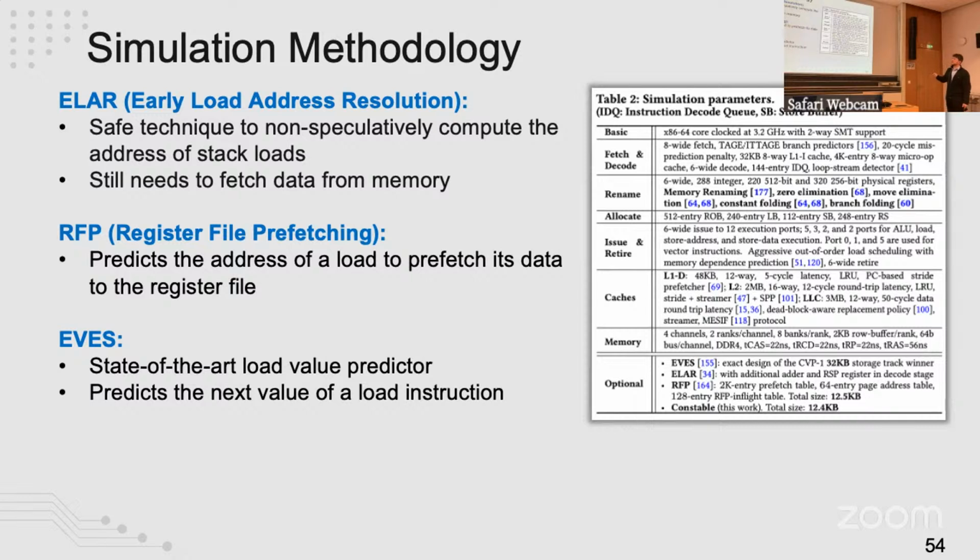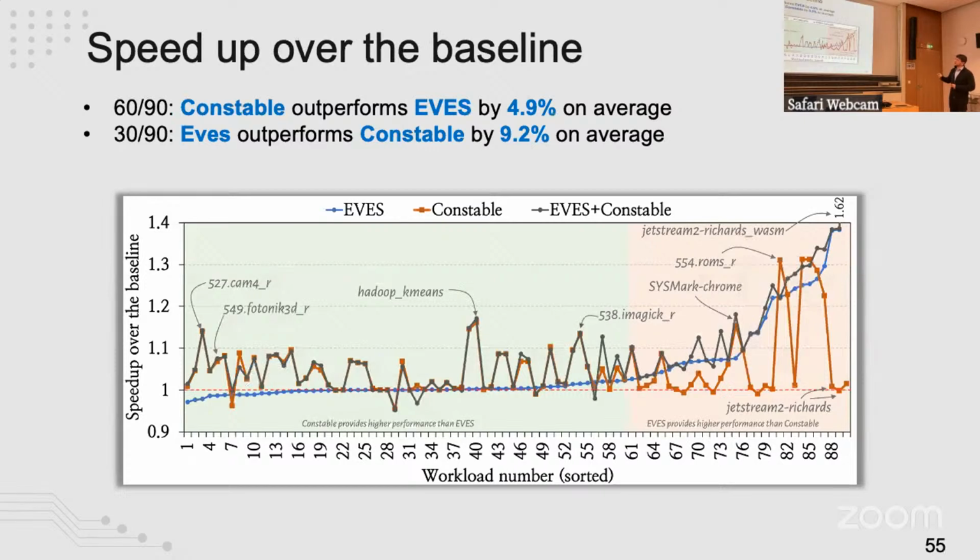Moving on, there is register file prefetching, which predicts the address of a load to prefetch its data into the register file, and EVES, the state-of-the-art load value predictor that tries to predict the next value of a load instruction. Here in this graph, we have on the x-axis the different workloads that Constable is evaluated upon, and on the y-axis the speedup over the baseline.